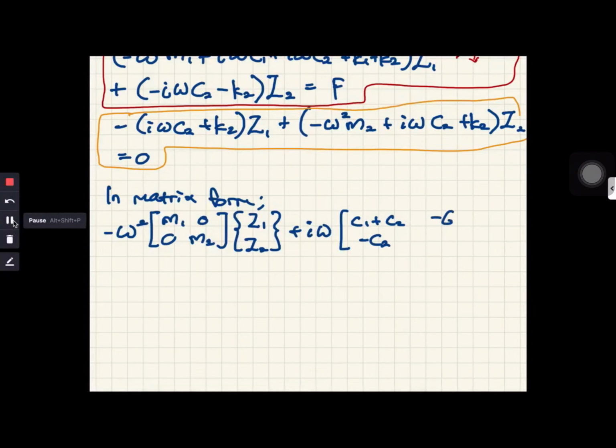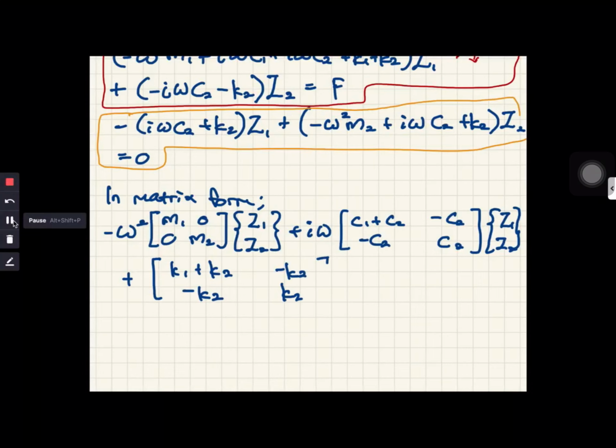If you look at here, it's quite similar to the one that we did with free vibration. Times z1 and z2, plus the matrix k1 plus k2, minus k2, minus k2, and down here k2, multiplied by z1 and z2.